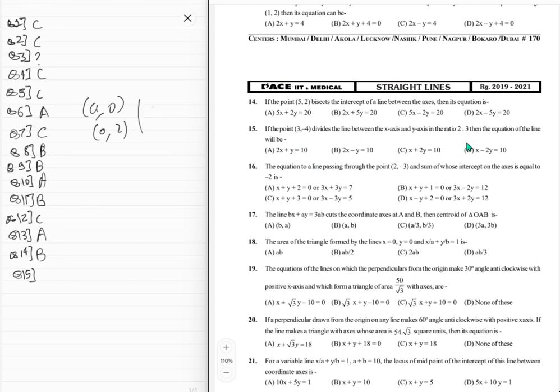So this point is over here, that point is over here. Then it's 3 times this one, which is 3a plus 0.